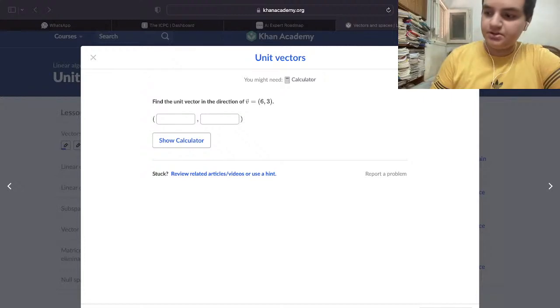I'll show you my thought process. So I have the square root of 6 squared plus 3 squared, which is going to be 36 plus 9.